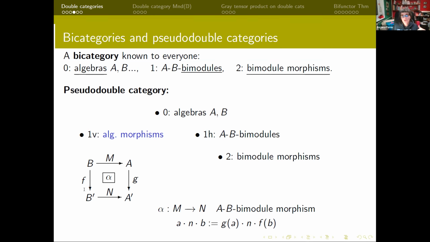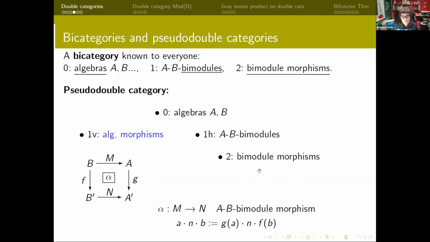But then we all know that along the algebra morphisms F and G, N can be made into an AB bimodule. So AB bimodule maps between M and N in this way via F and G are considered these bimodule morphisms in this picture in the pseudo-double category.